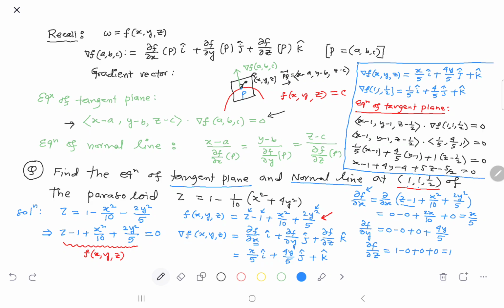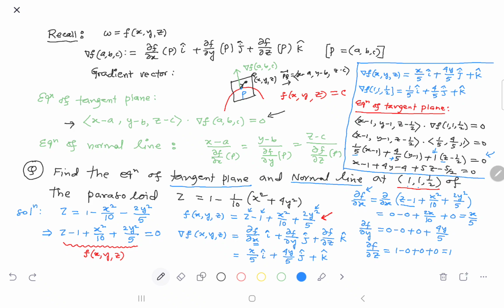Okay, right. So if you simplify, you get the equation of the tangent plane. I multiplied both sides by 5 of this equation, so the 5 cancels out and we get only x minus 1. The other 5 cancels out, so we get 4 with every term: 4y minus 4. And then 5z minus 5/2 equals 0.